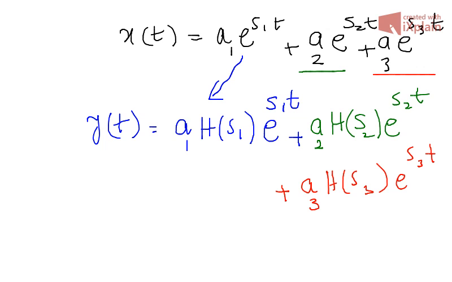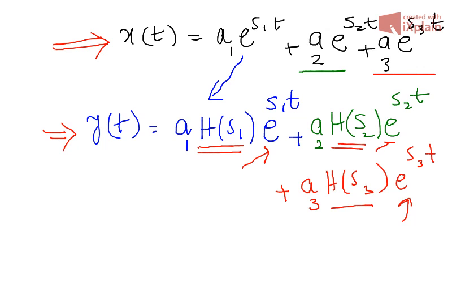So if the input is a sum of exponentials, the output is also the sum of the same exponentials, modified by constants, and these constants depend on the complex values s1, s2, s3.